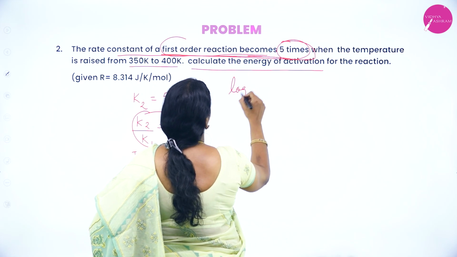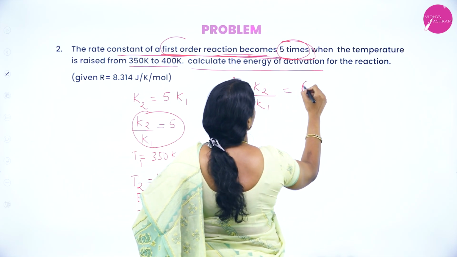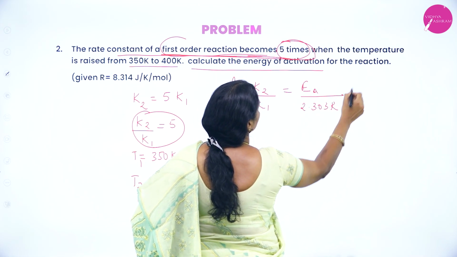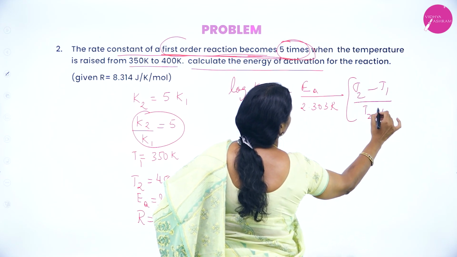Take the equation formula: log K2 by K1 to the base 10 is equal to EA by 2.303 R into T2 minus T1 divided by T2 T1.